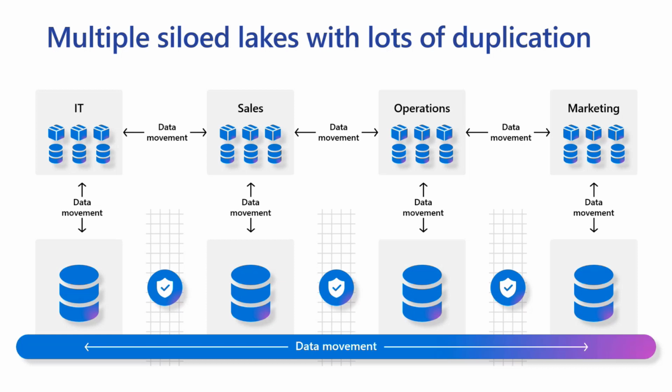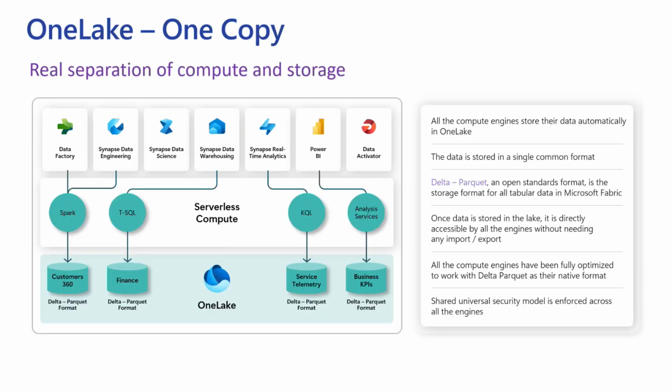And how can we fix that, or how are we envisioning the change here with Fabric? So the first thing is OneLake. It aims to have one copy.